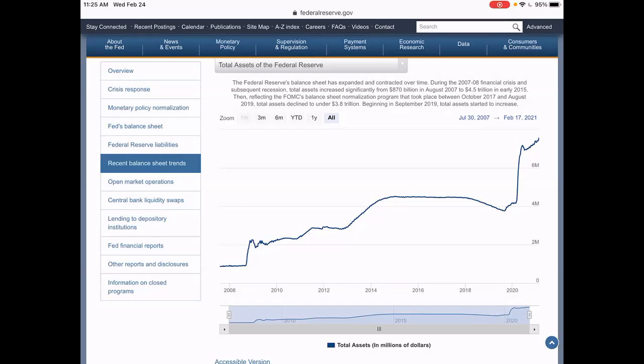At that time, as you'll see in this chart, the balance sheet was a little bit less than $1 trillion. It says right up there, $870 billion in August of 2007.